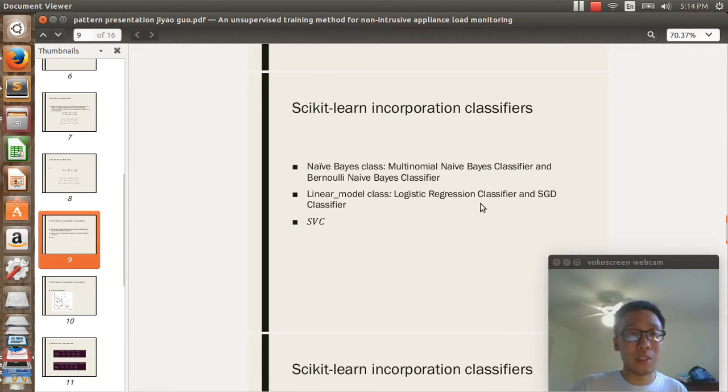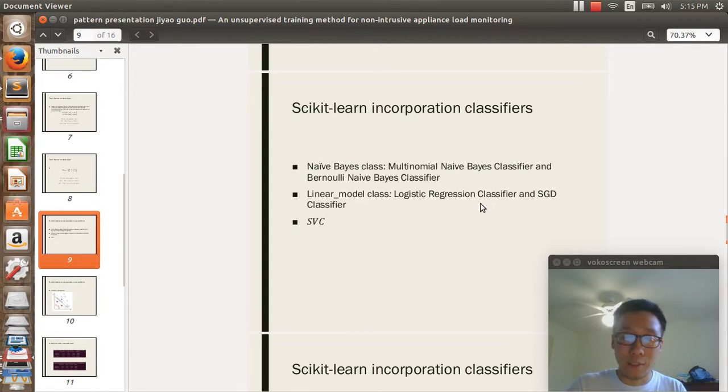Values with a probability smaller than 0.5 are negative, and values with a probability larger than 0.5 are positive. So we have this threshold value and this probability, and in this way we can do classification.